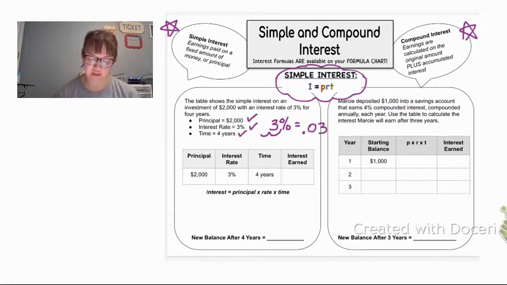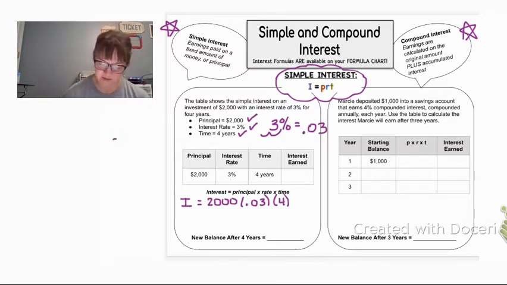So to figure out how much interest we'll earn on this account, we'll use the formula interest equals principal times rate times time. So interest equals 2,000 times 0.03 times 4. And that'll give us our interest. So let's go ahead and calculate. So let's do 2,000 times 0.03, so 3%.